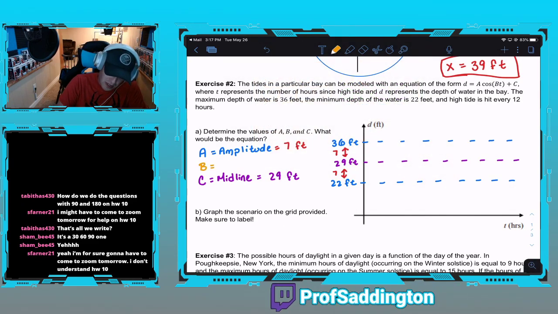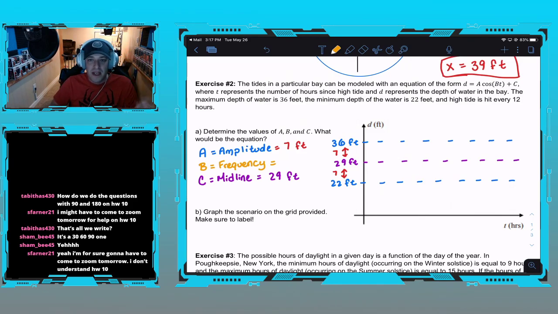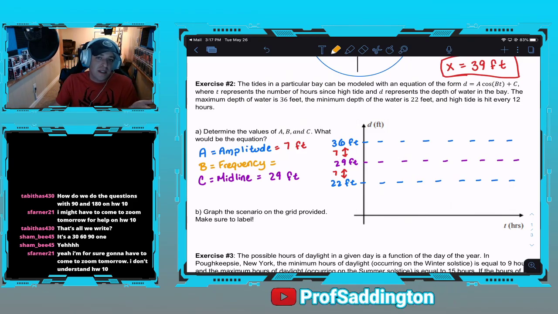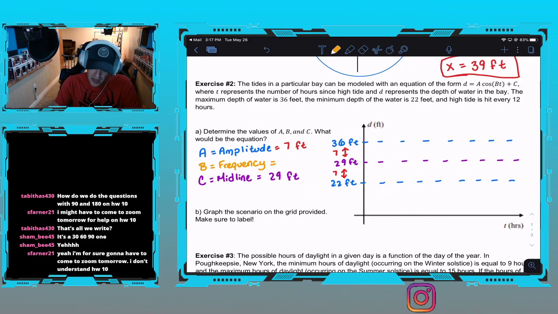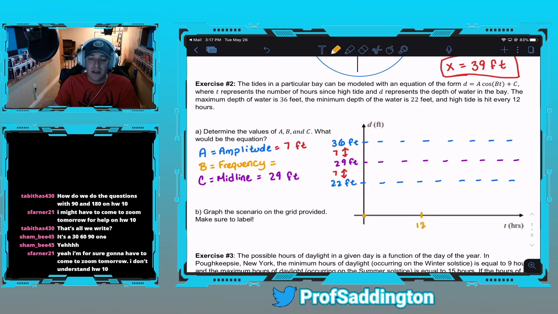Alright, so now when I go to do this next part, it's just going to be the frequency. So the frequency just tells us how many times that the wave is going up and down. Well, you got to remember, it said that it goes high tide every 12 hours. So if I started here at 0 and I go out to 12 hours, that means it should be at high tide.